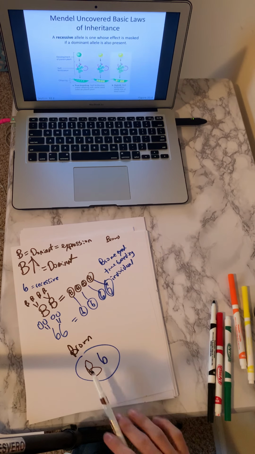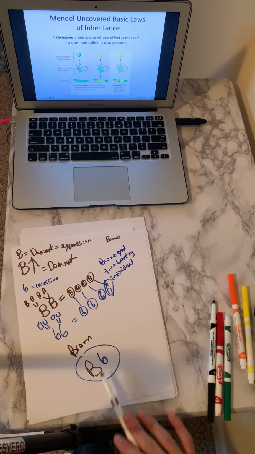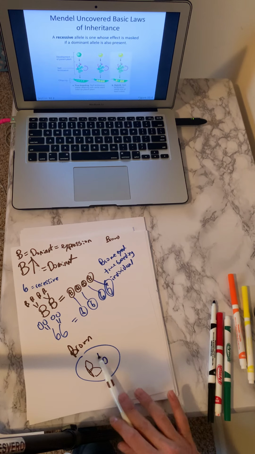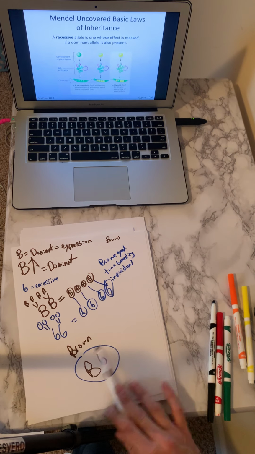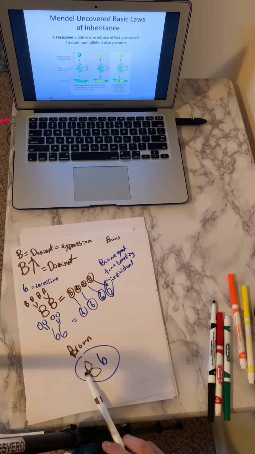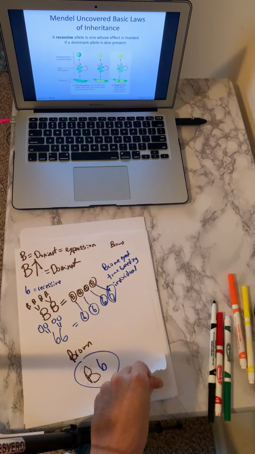We know that because he has a dominant gene that's brown and a recessive gene for blue. The dominant gene is brown. It's going to overpower that recessive gene. So no matter what this gene says, you're not going to have blue eyes. It's a weak gene. It cannot express itself. So this baby's going to be born with brown eyes because that dominant gene is going to overpower it.